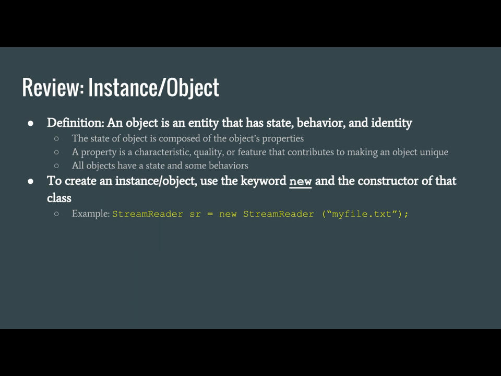Okay, so instances are objects. So what are they? The definition of an object is that it's an entity that has state, behavior, and identity. Basically, you can think of an object in the computer as represented as a group of data. The state of the object is composed of object properties.